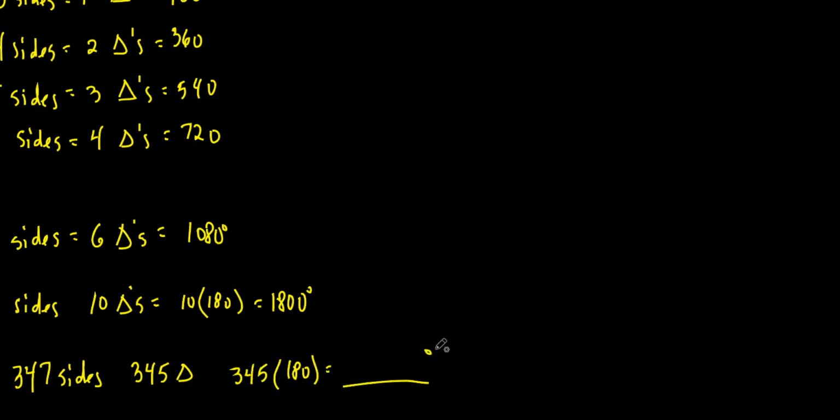And that's how many degrees are in something that has 347 sides. 62,100. There you go. Not a number I've ever seen. That's how many degrees would be in a polygon with that many sides. That's kind of cool, isn't it?